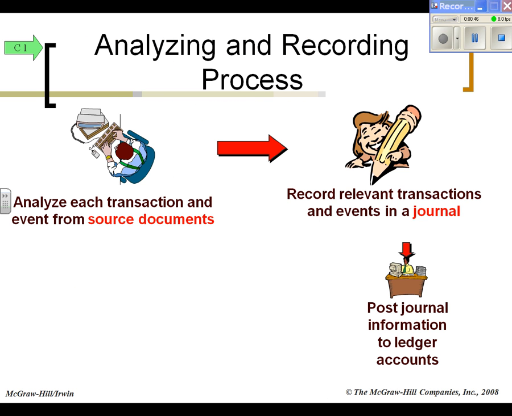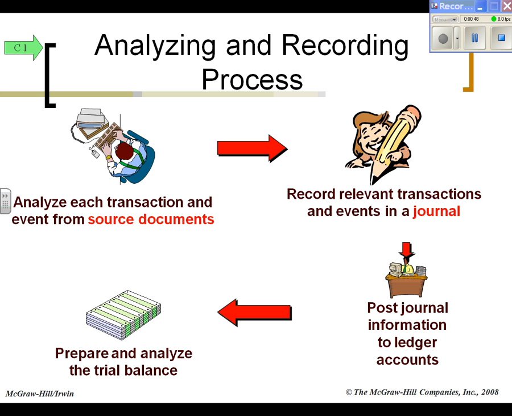Now we know in your textbook, they discuss the analyzing and reporting process. Step one is we're going to analyze each transaction and event from our source documents. Source documents meaning from an invoice or from a contract, but you'll look at that transaction, that event, that economic event, and then decide whether you need to report a transaction.